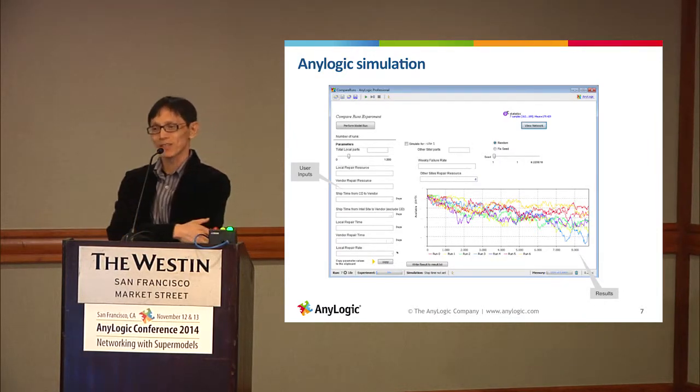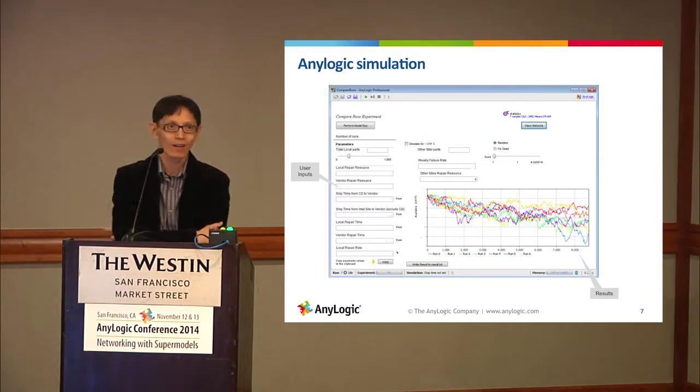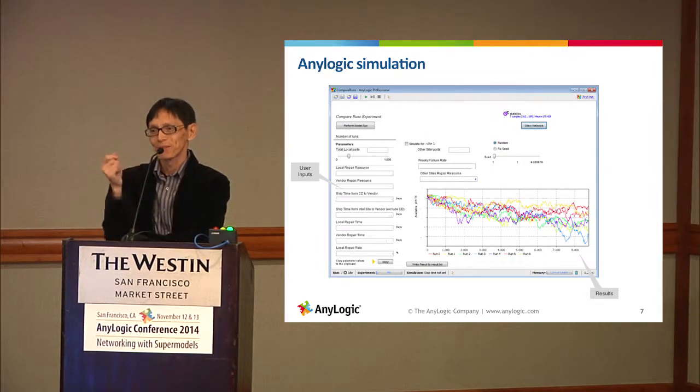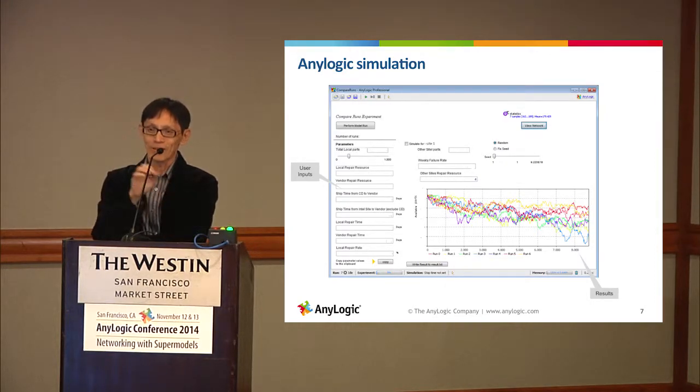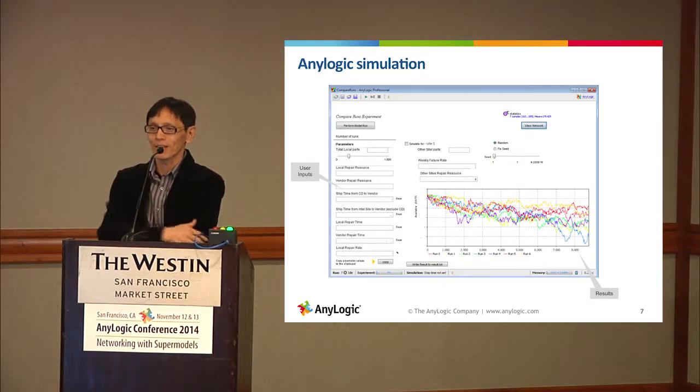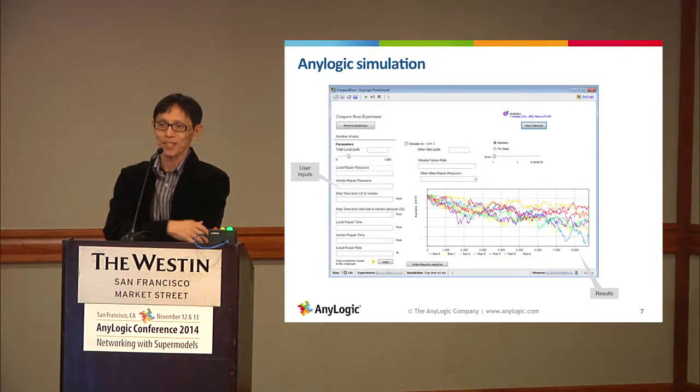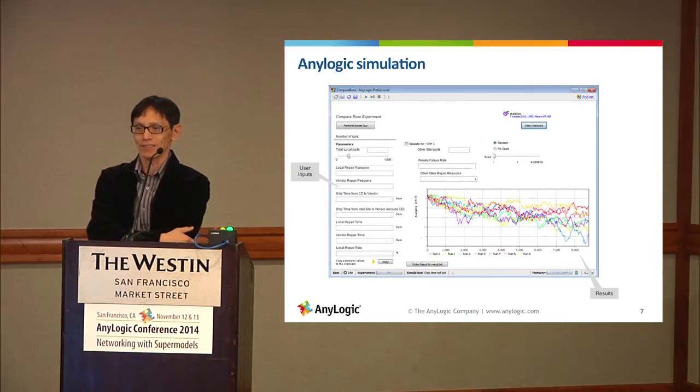Or you can set it to run as a Monte Carlo simulation. Basically, you can run the same set of parameters multiple times, and it shows you each run's information.